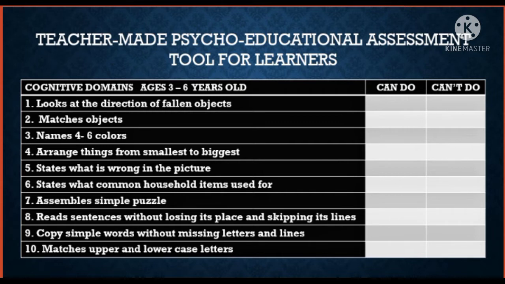States what a common household item is used for. 7. Assembles simple puzzles. 8. Reads a sentence without losing its place and skipping lines. 9. Copies simple words without missing letters and lines. And 10. Matches upper and lower case letters.